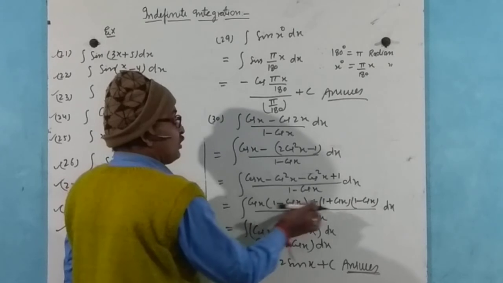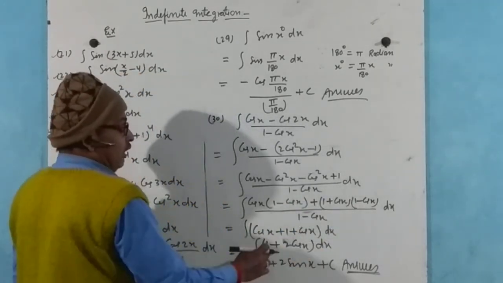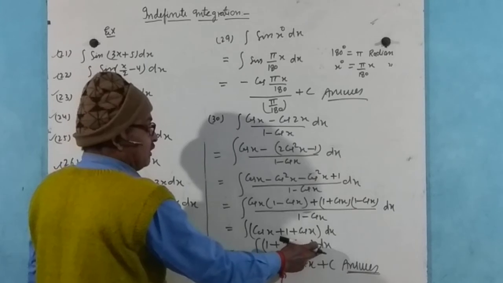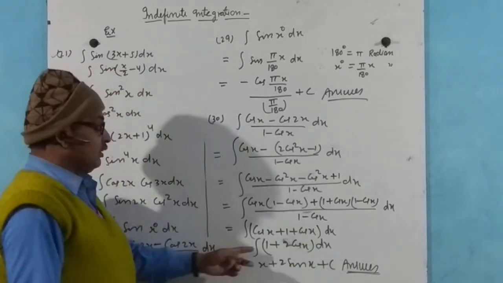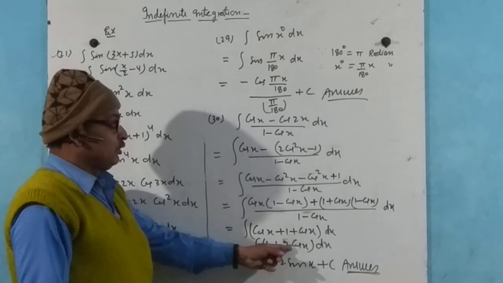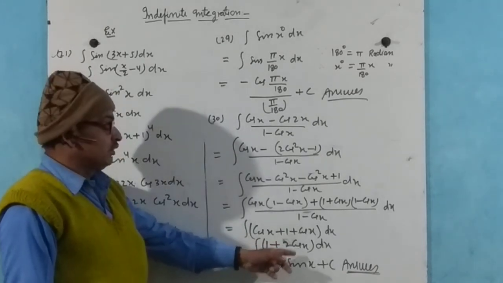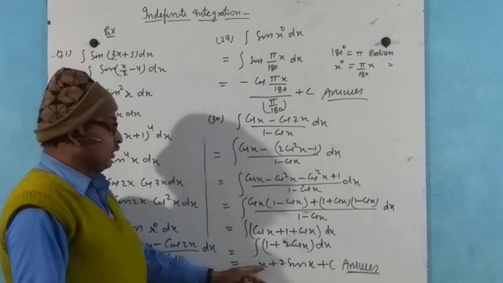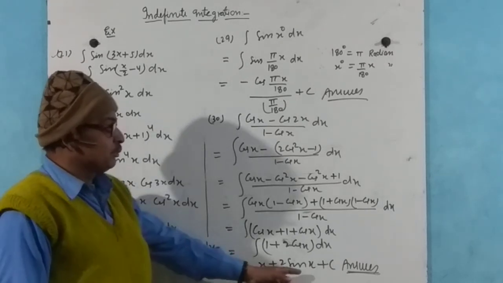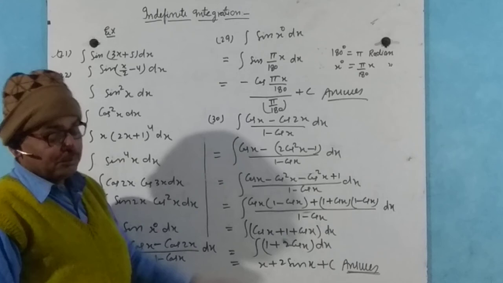Here cos x plus 1 plus cos x remain, that is 1 plus 2 cos x dx. The integration of 1 dx equals x, 2 is a constant, and the integration of cos x equals sin x, so we get x plus 2 sin x plus c. This is the integration of these functions.